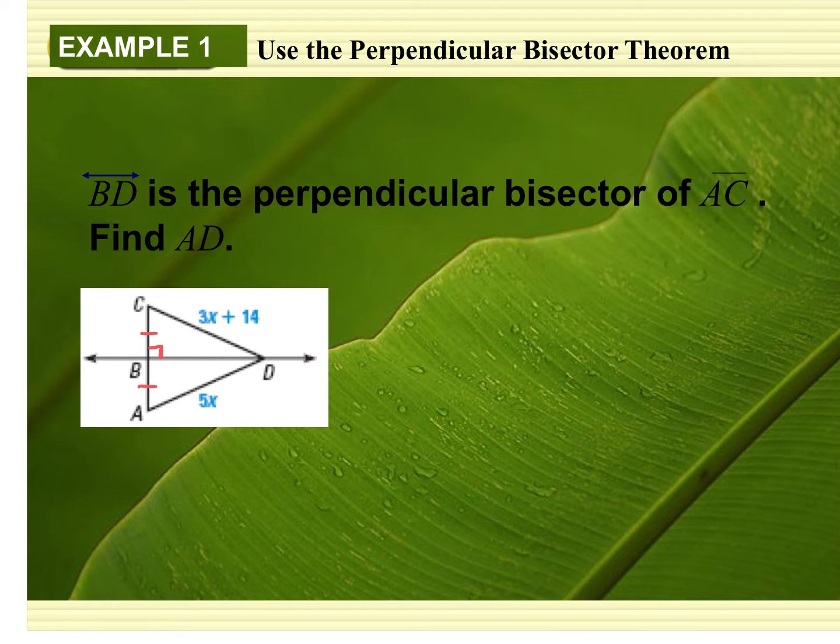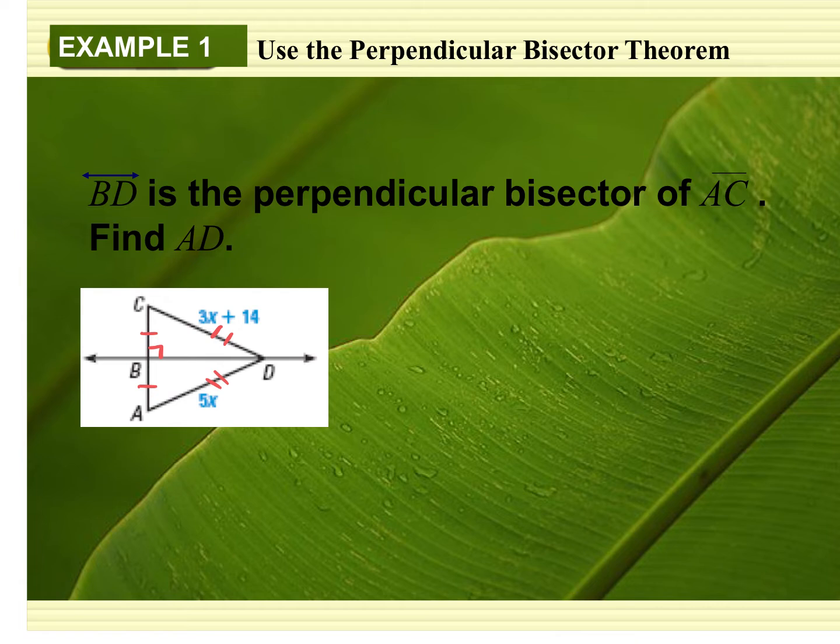But what I need to use is that since BD is the perpendicular bisector, point D is going to be equidistant from the endpoints of AC. So this is going to be congruent to this. So CD is going to be congruent to AD.